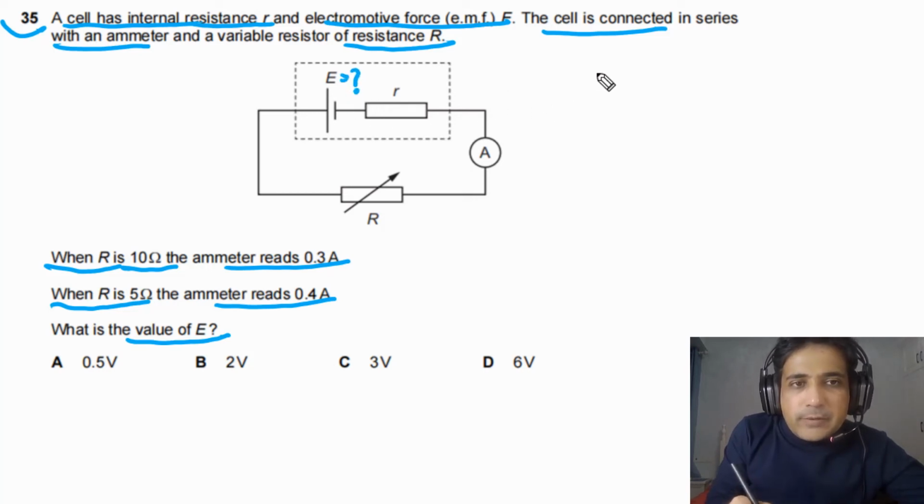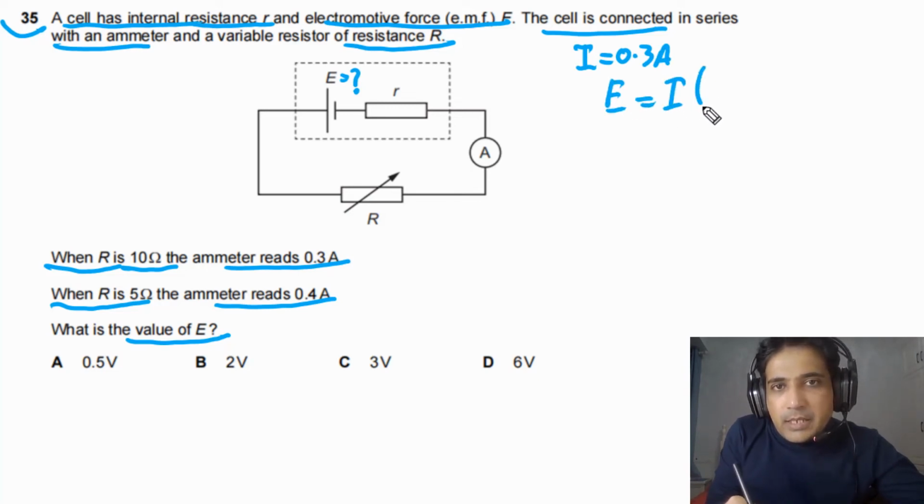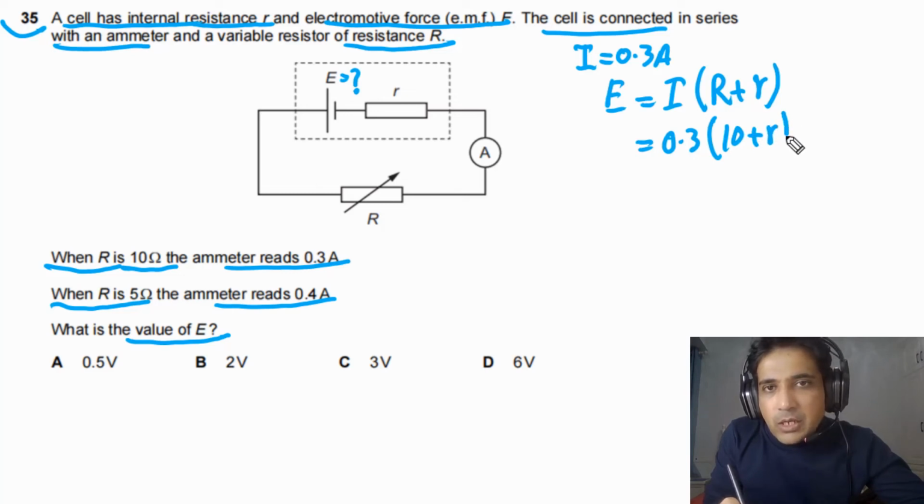In order to find the value of E, we can consider first when I is equal to 0.3 amps. So we can write down E is equal to I, the current in the circuit, times the load resistance plus the internal resistance. I is given, that is 0.3, and the value of R is given, that is 10, and the value of small r is not given.